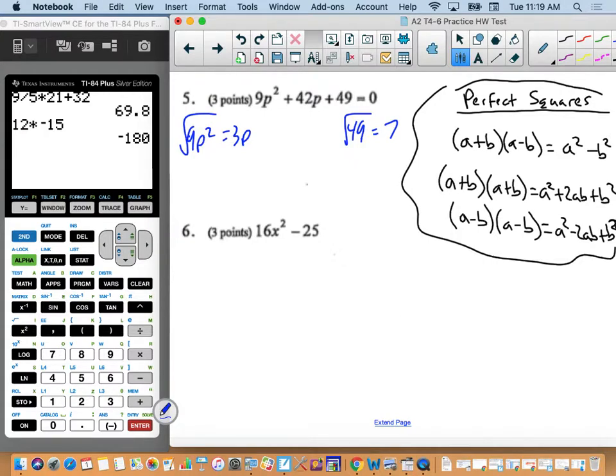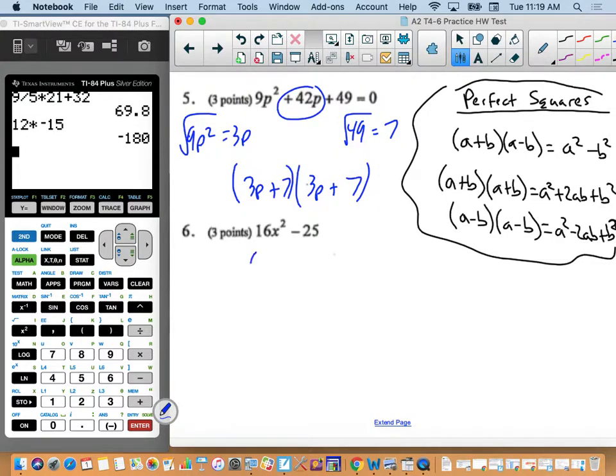So when that happens, your two factors are just going to start and end with those square roots. And then you look at the middle term, and since it's a positive 42p, I put these as both plus. So I'd get a 21p plus a 21p for my outer and inner terms. You could use the box method for these type as well, but it's much quicker if you use a shortcut.